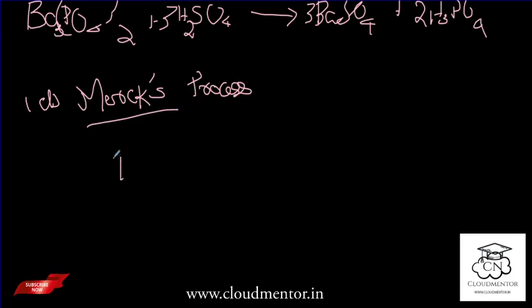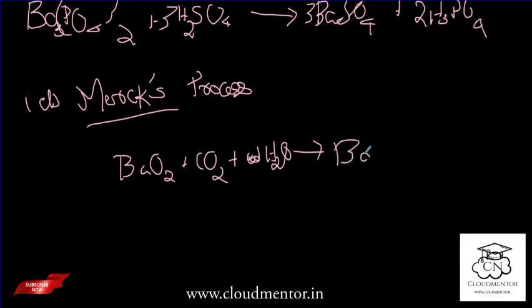That is, passing CO2 with water through a cold pasty solution of barium peroxide gives barium carbonate and our required amount of hydrogen peroxide. The barium carbonate, being insoluble, is filtered off.